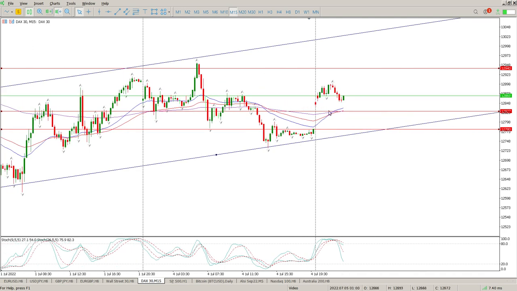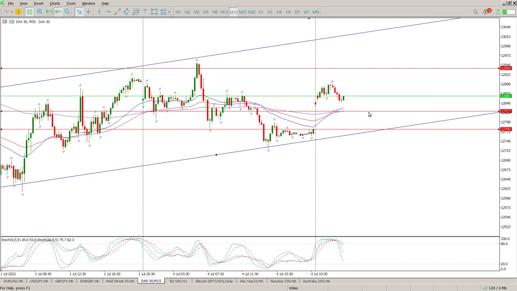The 15-minute is looking like it's going to build a base around here and then pick a direction. So it's either going to be down to close a gap, which is a high probability trade, to be honest. That's the first opportunity. And then the second opportunity is sort of up to test this level here. So I suspect we're probably going to bounce around a little bit before finding our feet on structure and then moving.